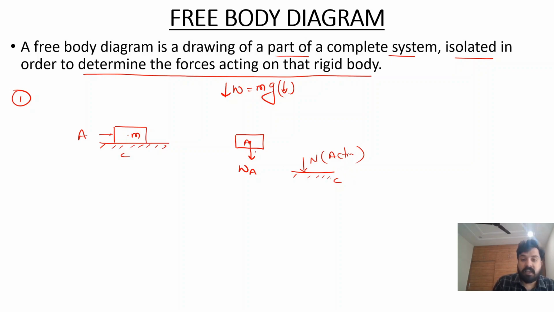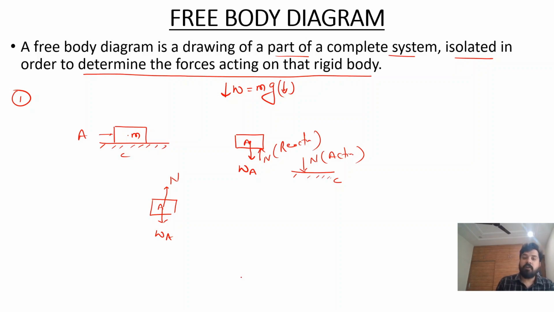So the surface C applies a reactive force N, whose magnitude is the same as the action force but in the opposite direction. This is the reaction. So if we draw a free body diagram of A, we get W A in the downward direction and N in the upward direction.